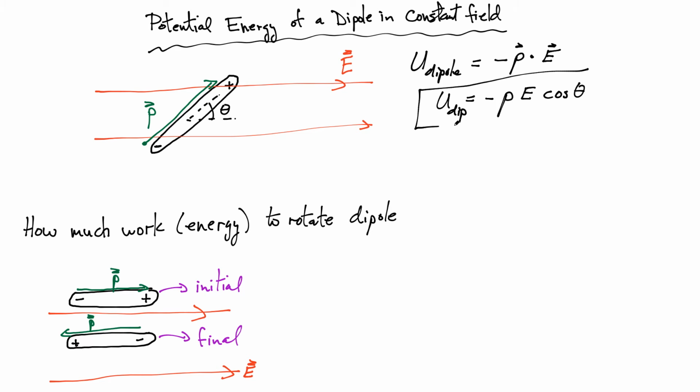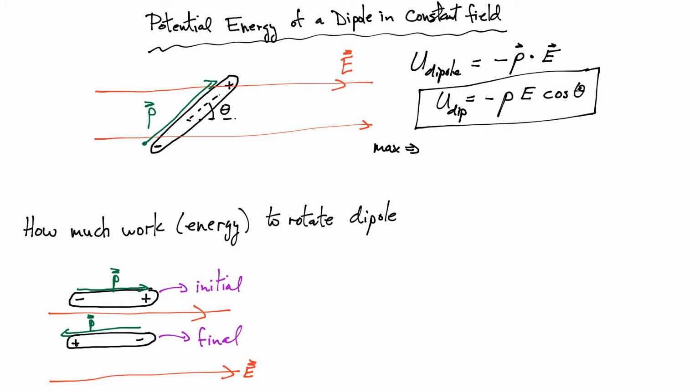So that's kind of an important equation. So again, the energy can range over a whole series of values, because the angle theta, I can place this dipole at any orientation with respect to the electric field. You can look at when the potential energy is a maximum. So when would we have a maximum value for this potential energy?